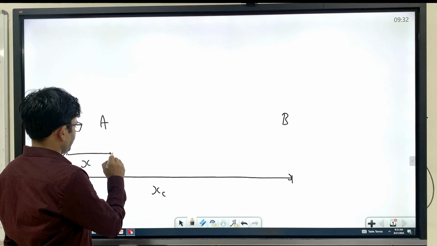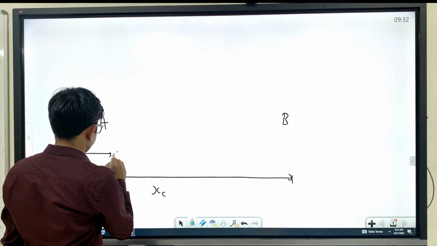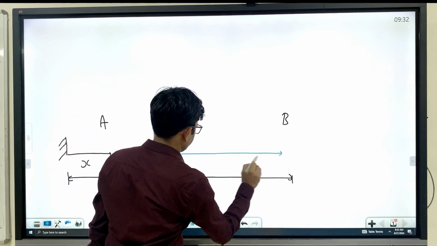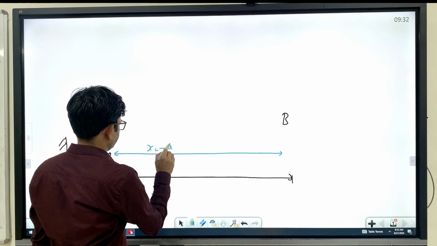So what is the error? Error is X command minus X.